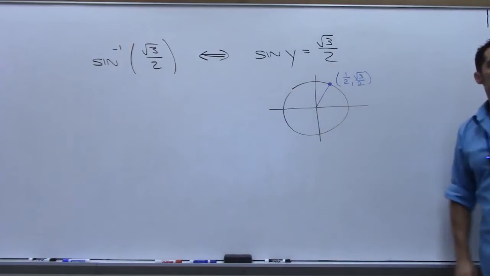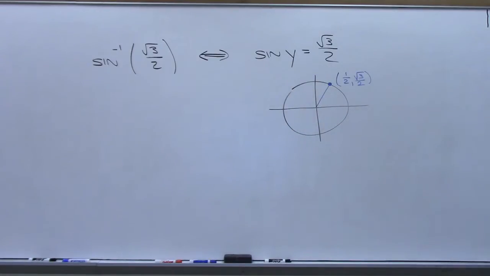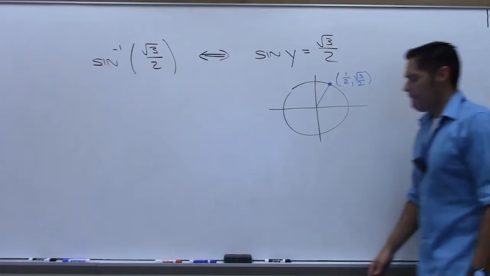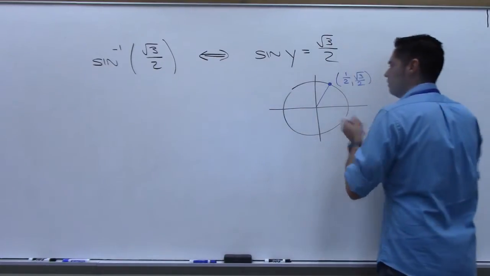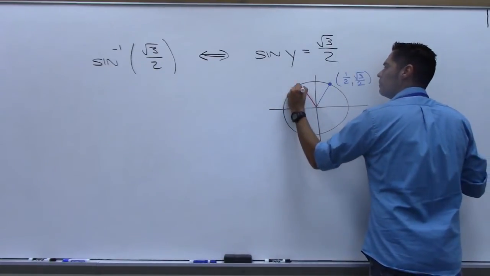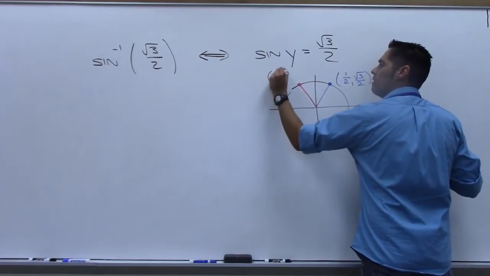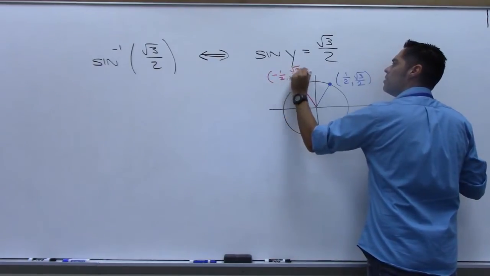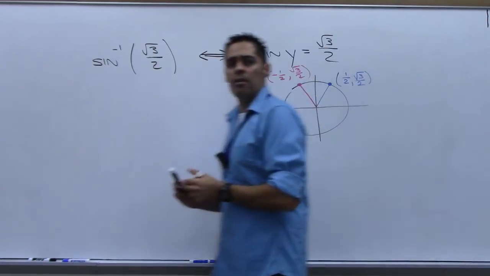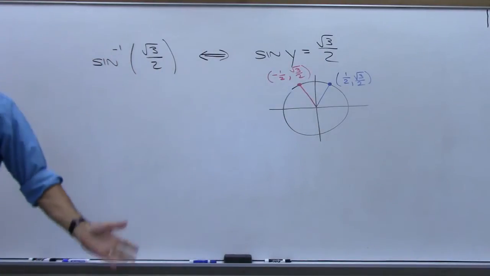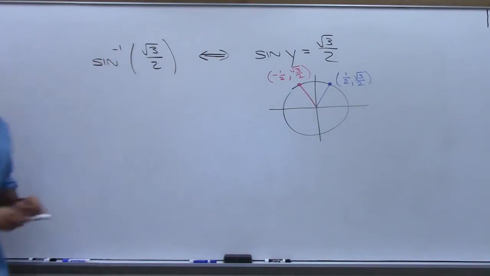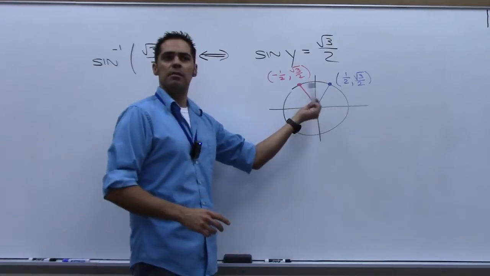Is that the only place on the unit circle that the y-coordinate is root 3 over 2? How about over here? Isn't that negative 1/2, root 3 over 2? Don't those have the same y-coordinates? Why can't I give you two answers then, this one and this one?